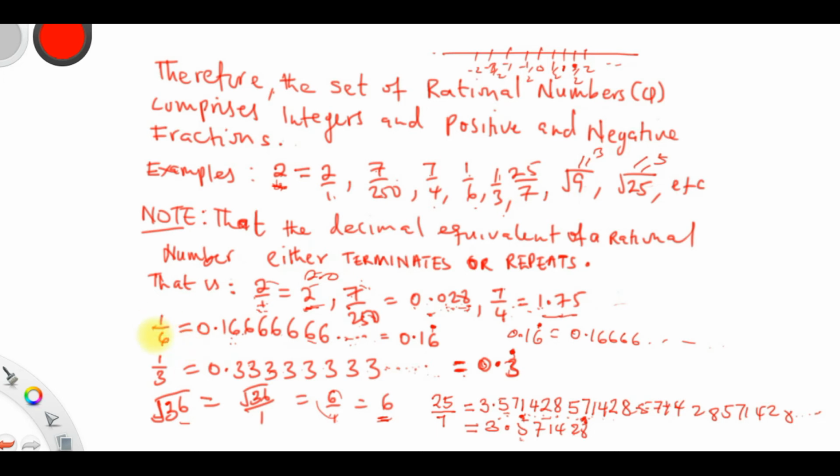But for the fractions, whenever you find their decimal equivalent, they will either terminate or repeat. This one is a terminating decimal, and this is a recurring or repeating decimal. That is what we mean by that. So let us continue. See you in the next video.